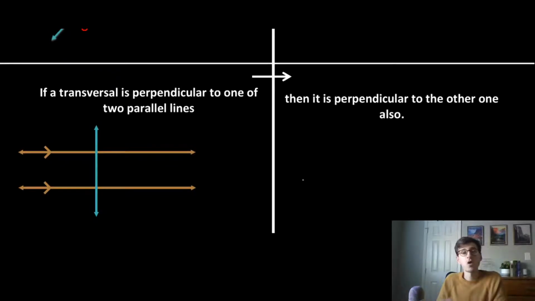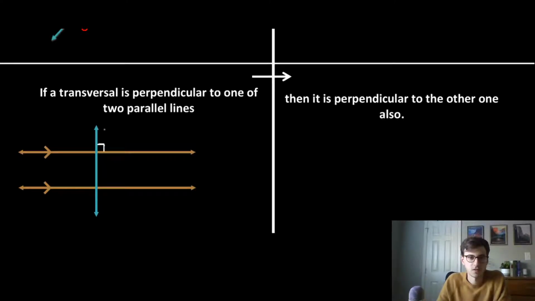Okay, the last one for this, where we start with parallel lines and move to, what can I say about the angles? If a transversal is perpendicular to one of two parallel lines, so I know that, let's go ahead and let's label these lines.